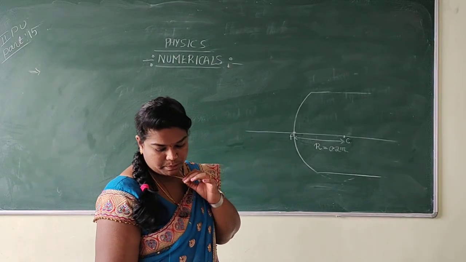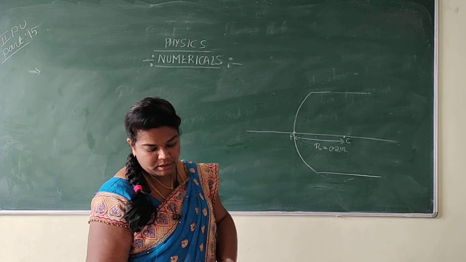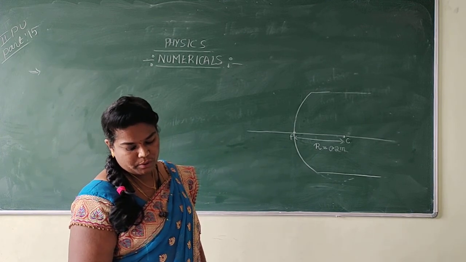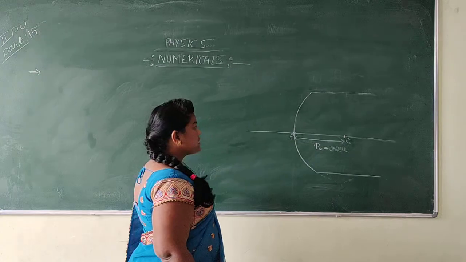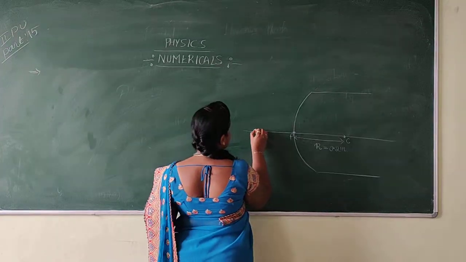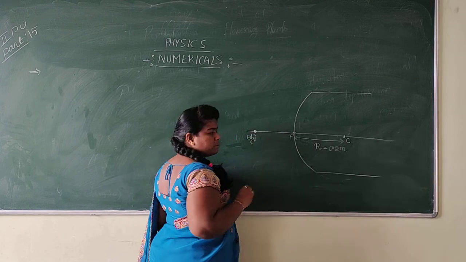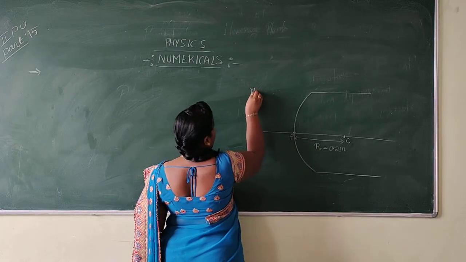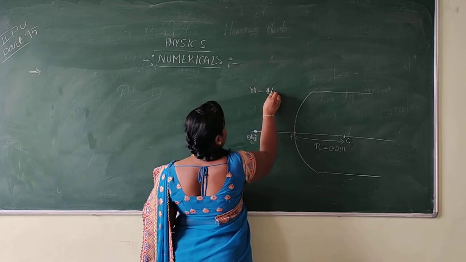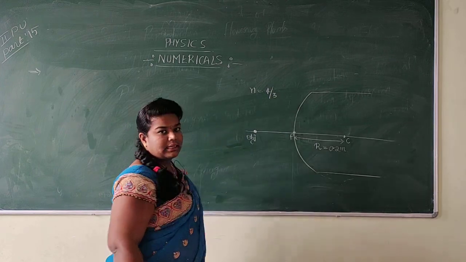An object is placed in the first medium of refractive index 4/3. So where is the object? We have placed the object here. So the object is placed in a medium of refractive index, they have given 4/3.